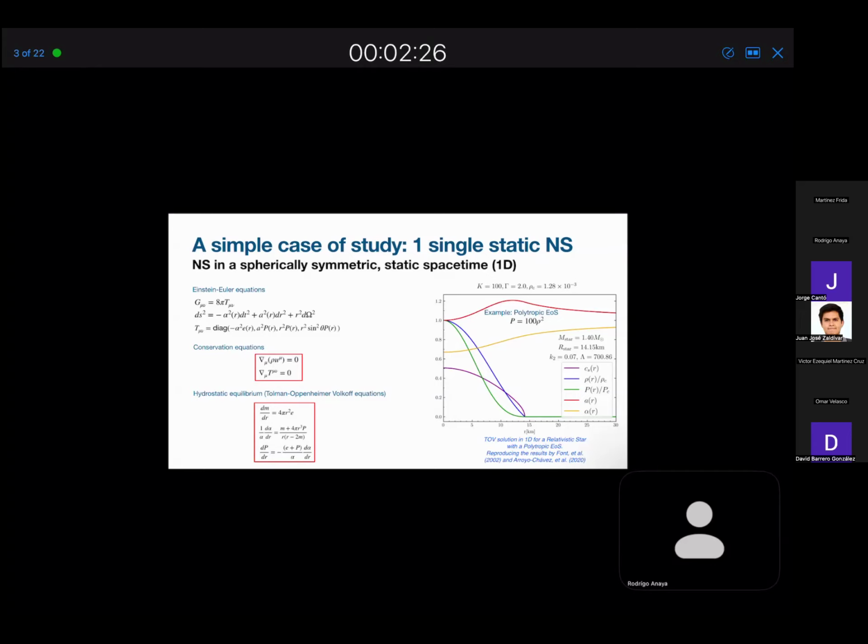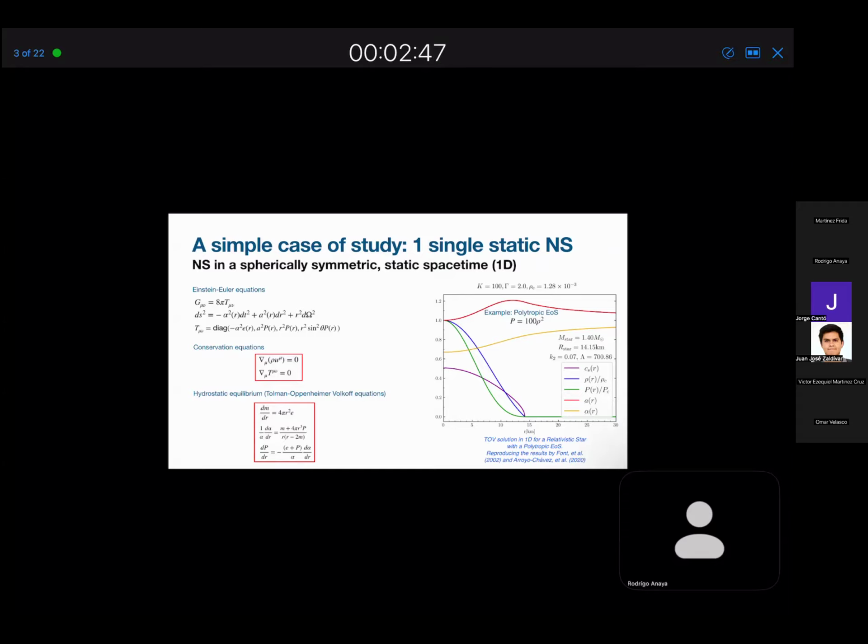In the diagram on the right, I show you the reproduction of a very famous test case, namely the polytropic equation of state for a single neutron star in this configuration. I plot different quantities related to the hydrodynamics.